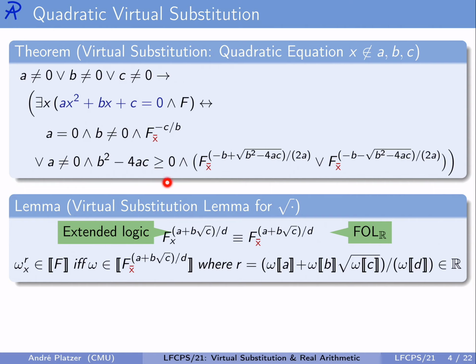And in that case, it is equivalent to the remaining formula f being true for one of the square roots. So for either the positive or the negative square root. This is precisely the solution. Minus b plus or minus the square root of b squared minus 4ac and the whole thing divided by 2a.